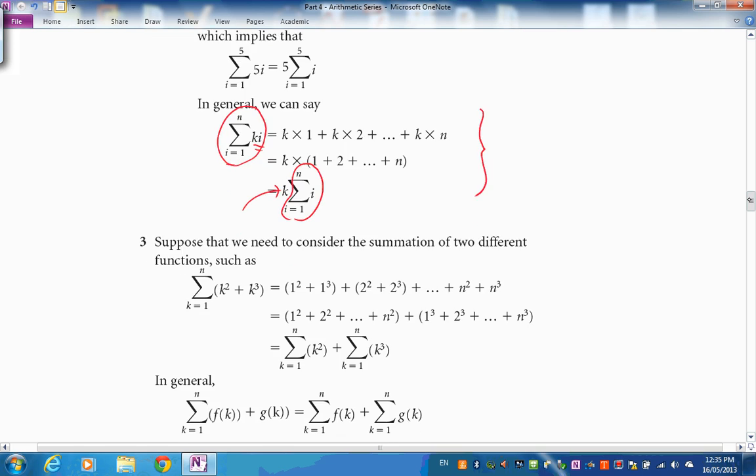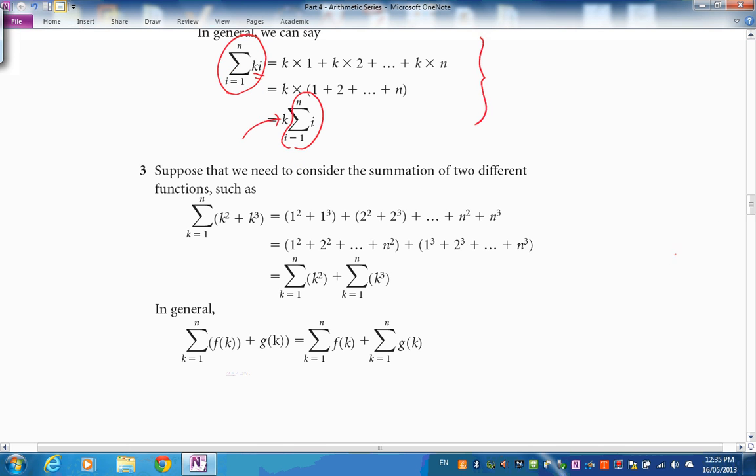And what's the last one here, I think? Suppose we're looking at the sum of 2 different functions in here. Okay, so you're putting in k is 1, so it's 1 squared plus 1 cubed. k is 2, 2 squared plus 2 cubed, because that's what this is telling you to do. To create the term, you have to do those things to the k's. So then you go right up to n squared plus n cubed.